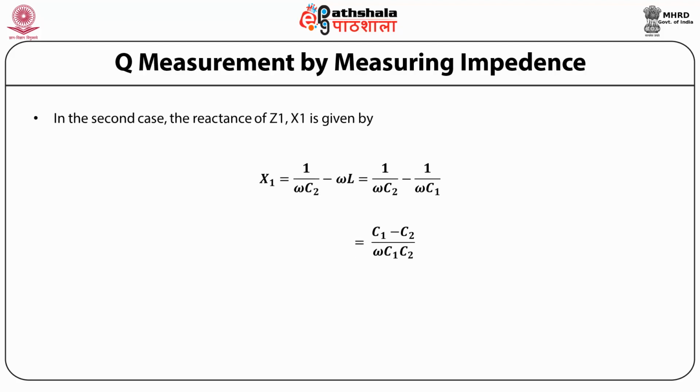In the second case, the reactance of Z1, that is X1, is given by X1 is equal to 1 by omega C2 minus omega L, which can be written as 1 by omega C2 minus 1 by omega C1. So, the simplified expression for X1 becomes (C1 minus C2) divided by omega C1 C2.